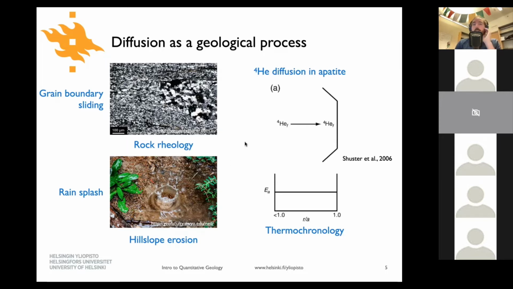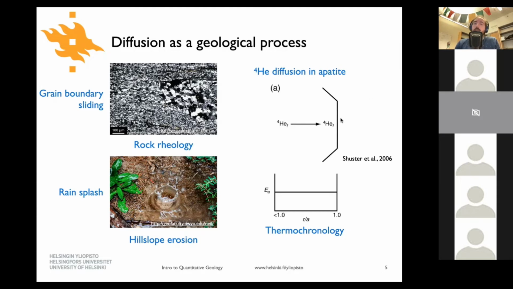And then finally, another example, which is closer to the topic of thermochronology that we'll get into today. I'm not assuming you know anything about that. Essentially, what's occurring with many thermochronometers is that we have some kind of daughter isotope, something that is produced and trapped within a crystal, that is diffusing its way out to the outside world at the edge of the crystal.